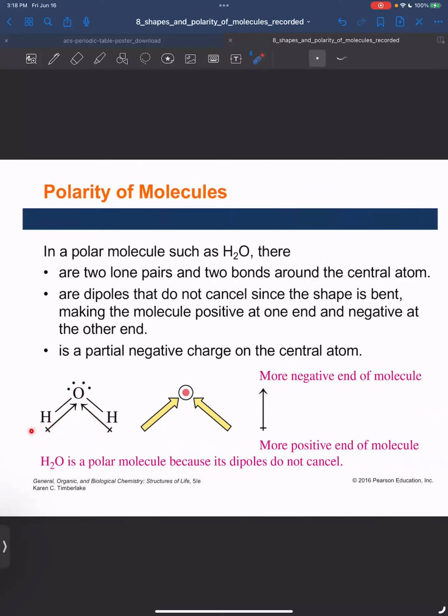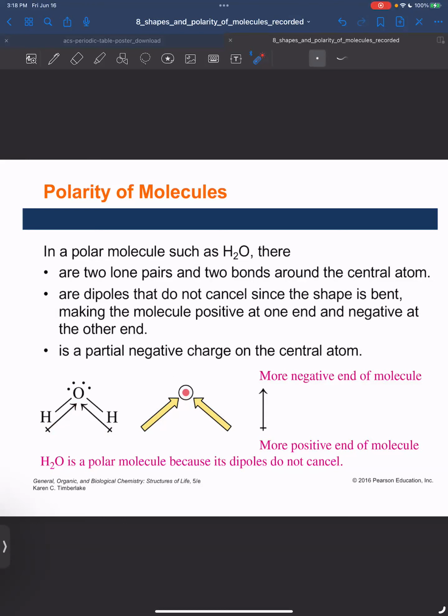They don't cancel each other out like they did in carbon dioxide. And so therefore, since the dipoles do not cancel, water overall is considered a polar molecule. And you can see that here, like those yellow arrows are not canceling out. And so therefore, this molecule overall is polar. And that's all because the shape itself is not a symmetrical shape. It's bent and not linear.